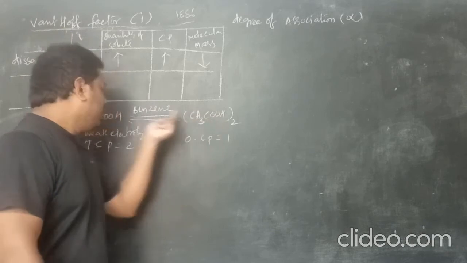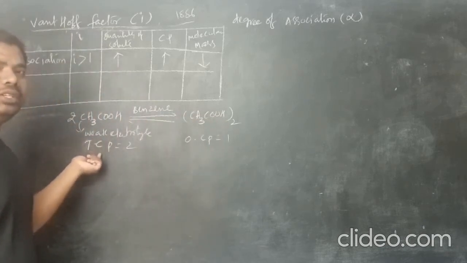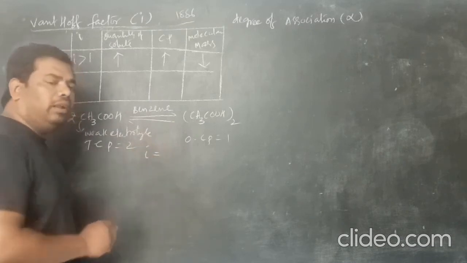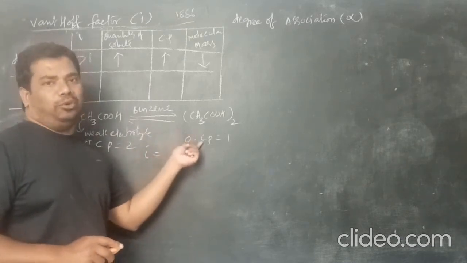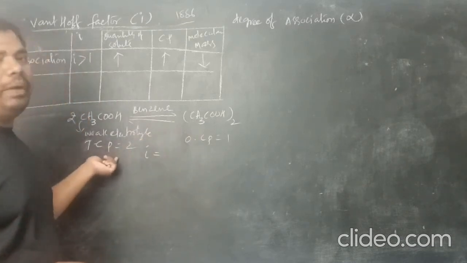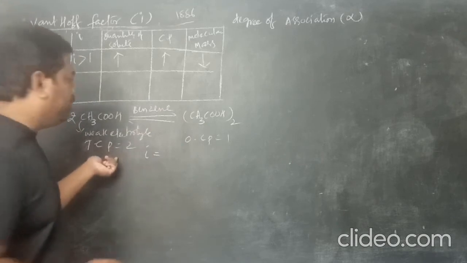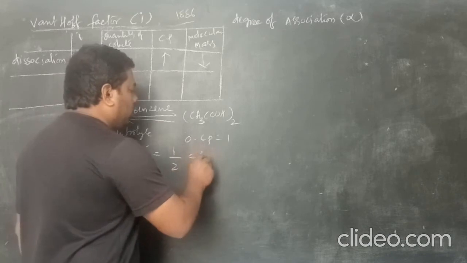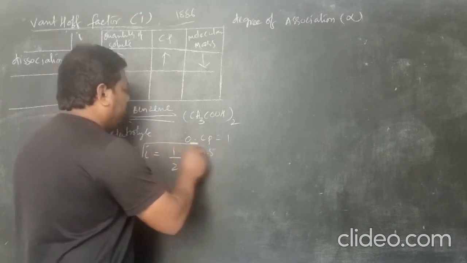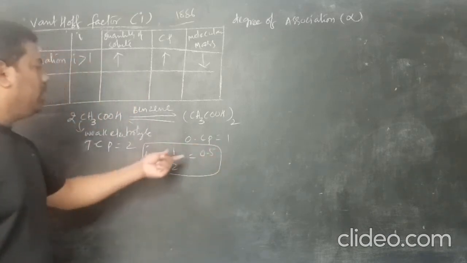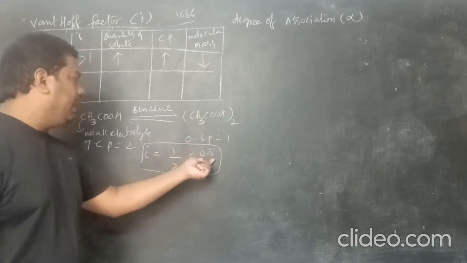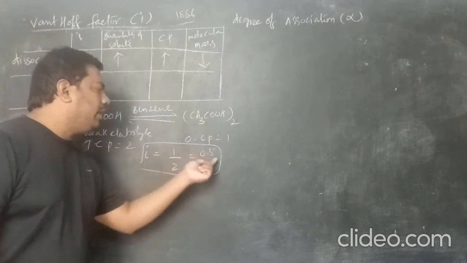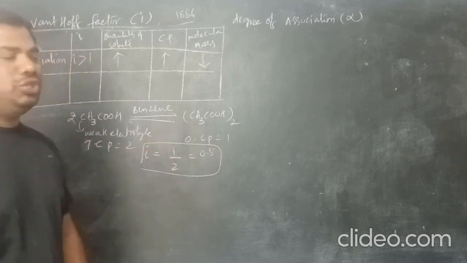Therefore the Van 't Hoff factor I is equal to observed colligative property divided by theoretical or calculated colligative property, that is 1 by 2, which is equal to 0.5. So here the Van 't Hoff factor I value is equal to 0.5.